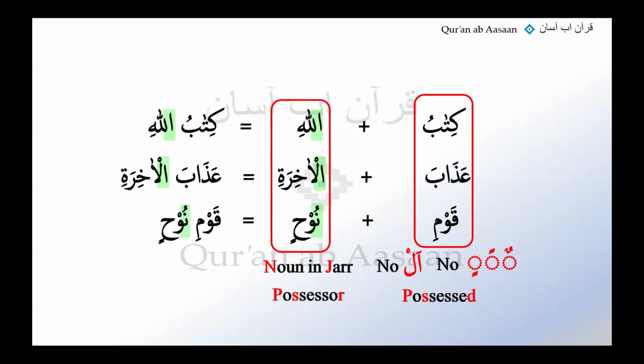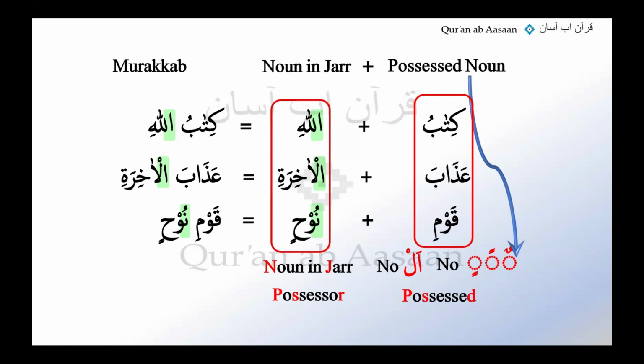Okay. And what do you think is being formed here? Two nouns coming together. What is being formed? What do we call it in Arabic? A compound word. But what do we call a compound word in Arabic? A murakkab. Good. So this murakkab is being formed by a possessed noun, which is a no al, no tanween noun, followed by a noun in jar.